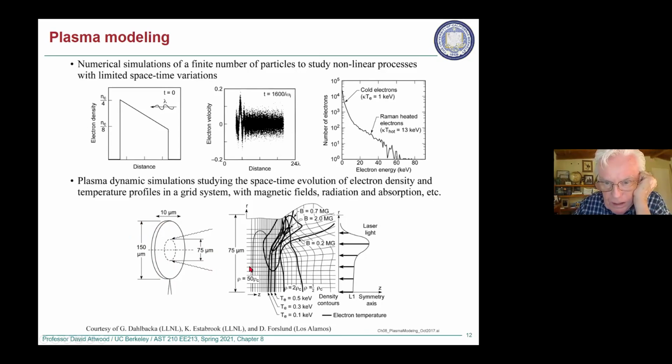And so here's how a simulation is done. It starts in zones, and this is the profile of the incoming light. So if this is 75 microns, this should have been half of that. And another thing for me to fix.